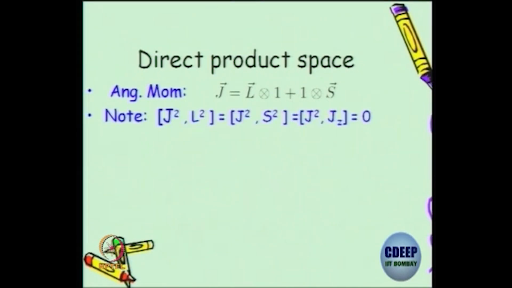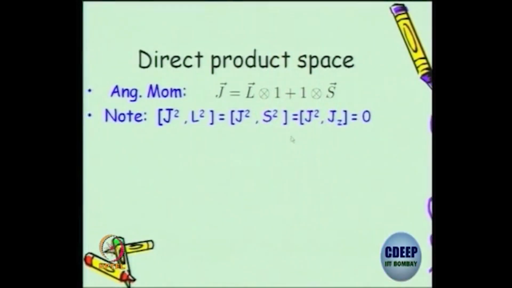There are some things which I want you to check yourself. You can take the square of this, operate it on this arbitrary state. A simple exercise to show that J squared is L squared cross identity plus identity cross S squared. You can write it that way in the direct product space. And if you try to operate, you can show that J squared commutes with L squared.